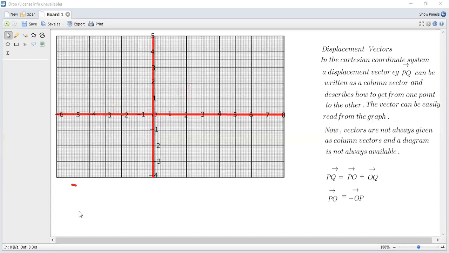Yeah, position vector of point. Yes. Example 3, 2 is a vector from O to A.